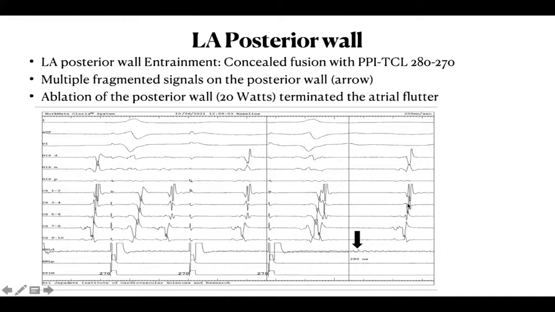And then ablation of the posterior wall terminated the atrial flutter. We then proceeded to continue ablating all the areas that showed this kind of fragmented signal on the posterior wall.